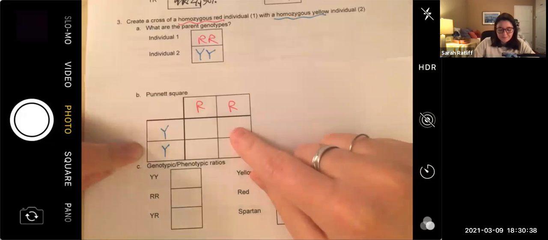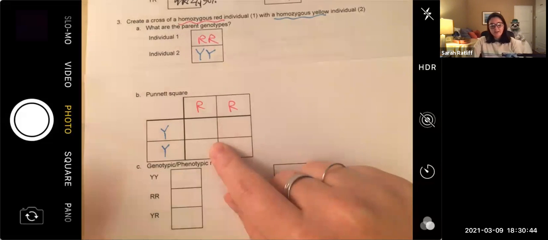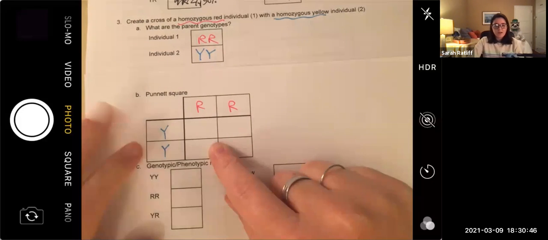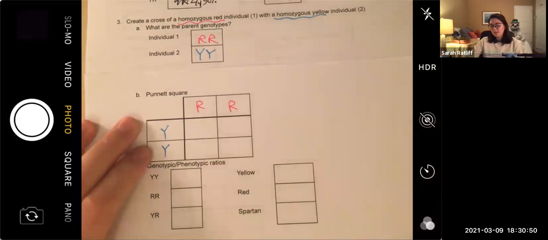Awesome, awesome. Now we're going to fill in our offspring, 1 from each parent. We're going to do Y's first because that was the information presented to us. Ultimately, it doesn't matter. It's just a preference from person to person.